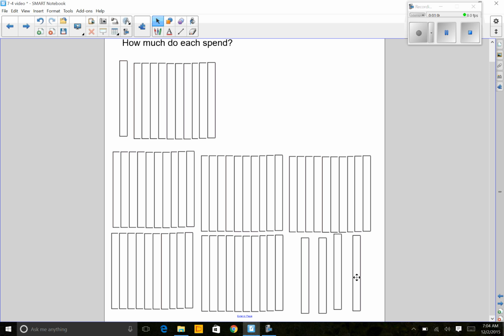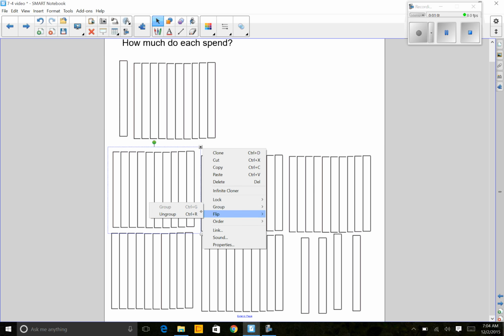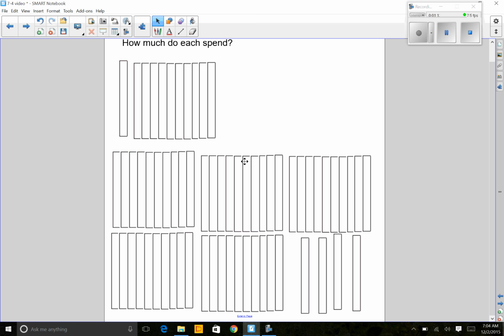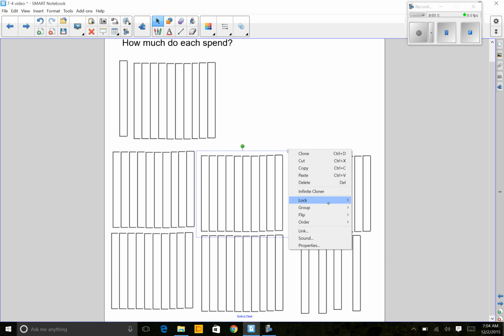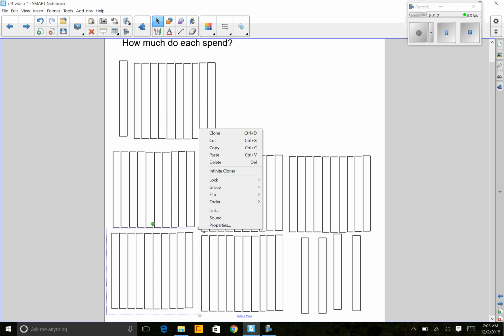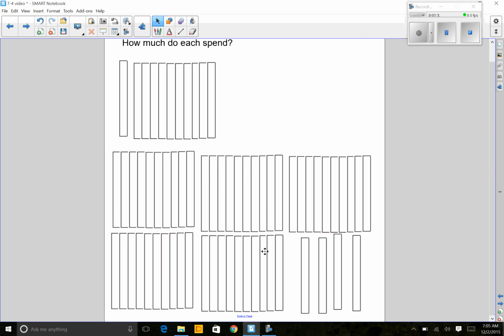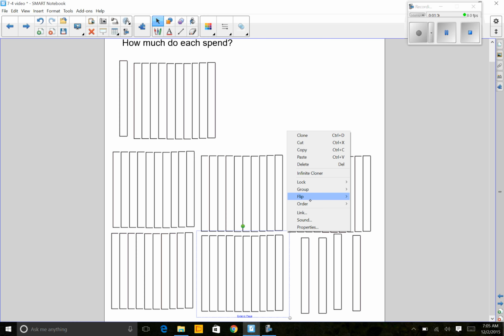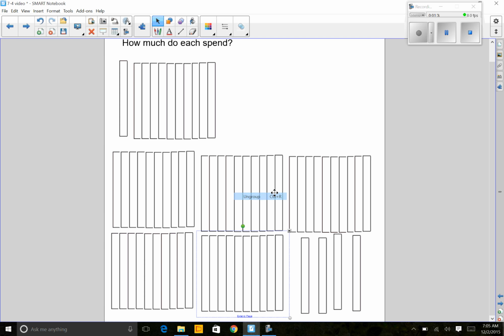I have three friends. They're each going to get an equal amount. To do this, we're going to ungroup these. Okay, so now I've broken them up, and I want to put them into three groups.